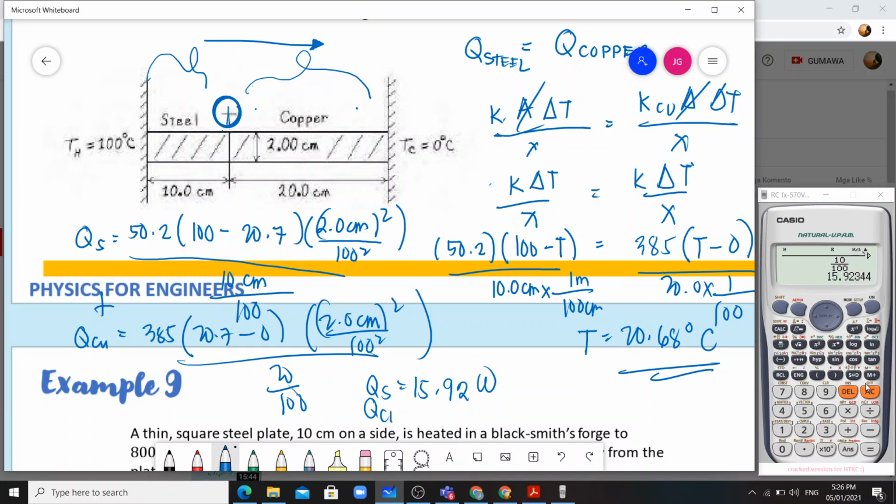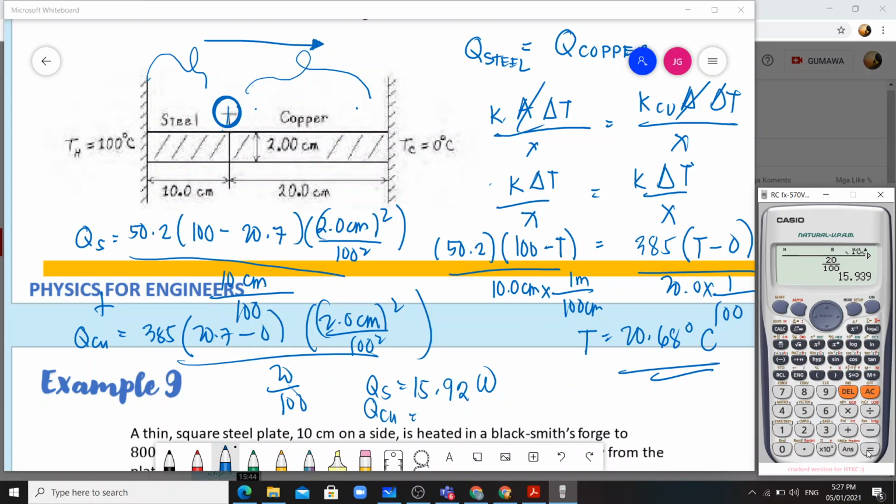Ang Q copper natin is, palitan lang natin yung values para hindi masyadong mahirap. 385, 20.7 minus 0, tapos ito is 20.